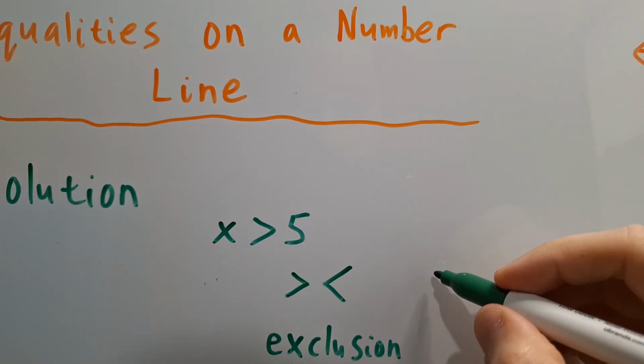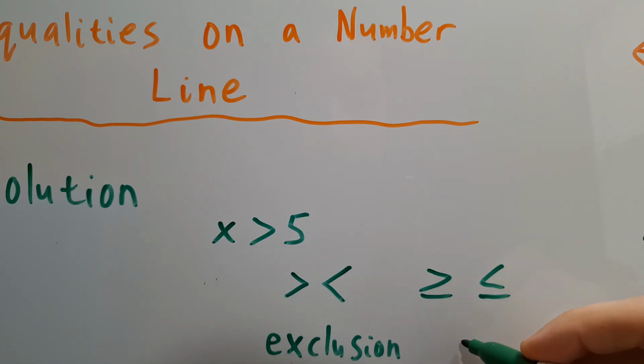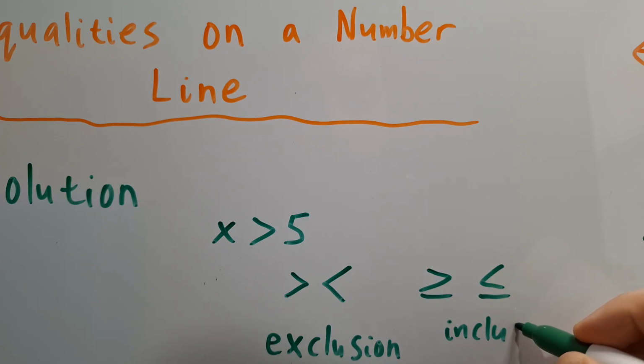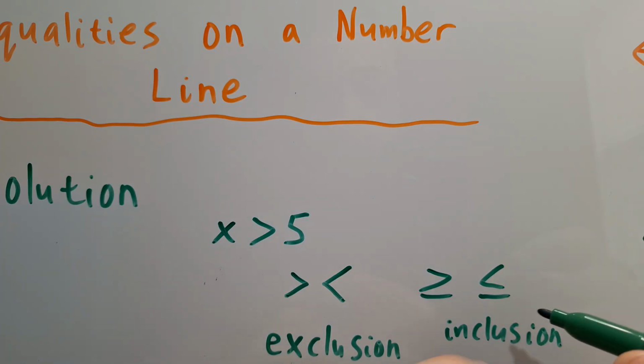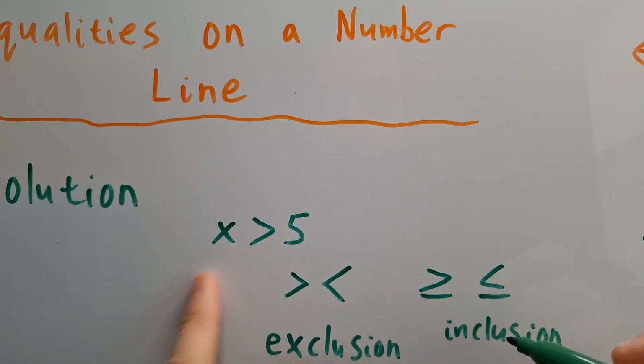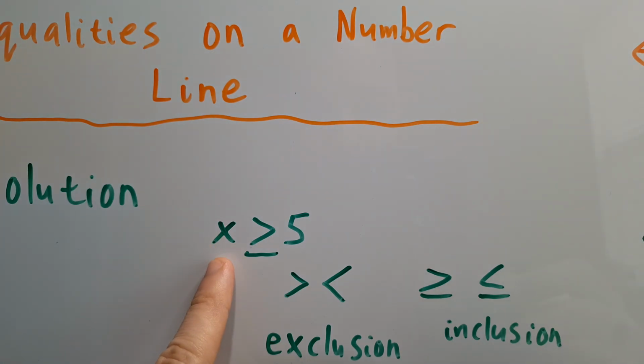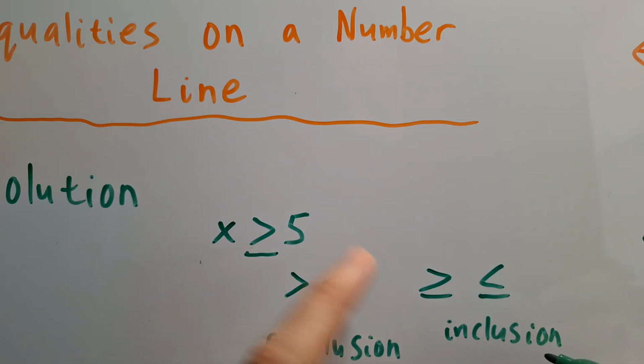The two other symbols, greater than or equal to and less than or equal to, are referred to as inclusion. Because we are including that value as part of the solution to the inequality, which is why when I did this earlier, I said 5 is a solution to this inequality because it's true. 5 is greater than or equal to 5. Inclusion. We are including that value in the solution to that inequality.